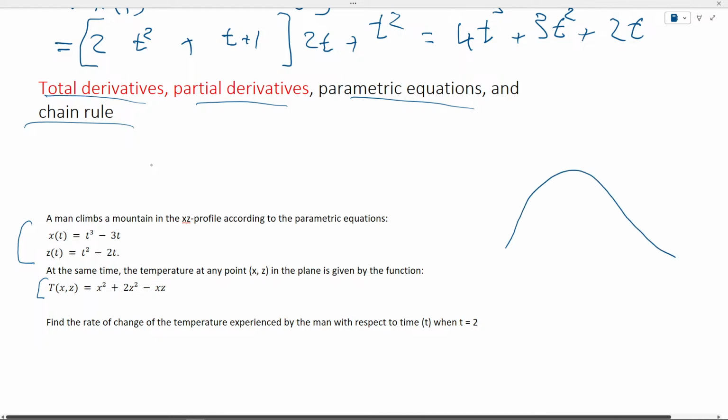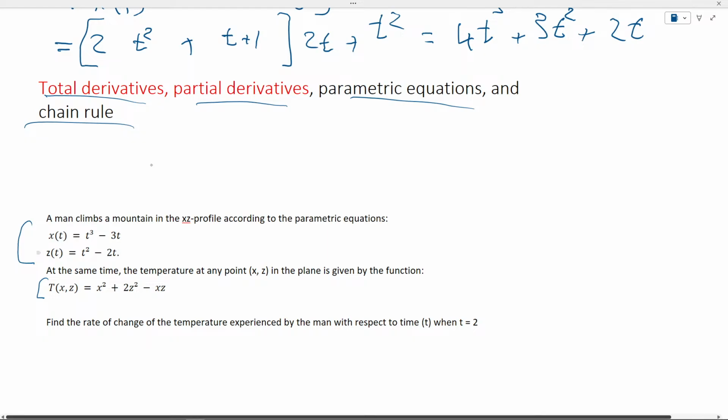That's my x and my z as a function of time. I'm climbing a mountain like this, and I have to draw this in 3D as a function of time.